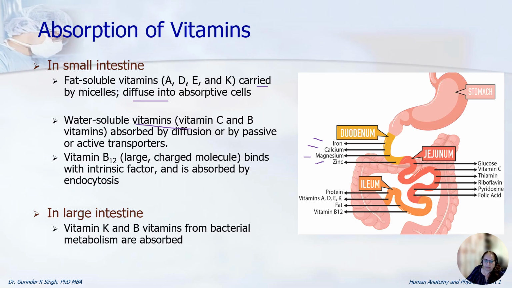Water soluble vitamins like C and B are absorbed by diffusion or by passive or active transport. In the large intestine, the colon is where we have vitamin K and vitamin B absorbed, generated by the bacteria present inside the large colon.